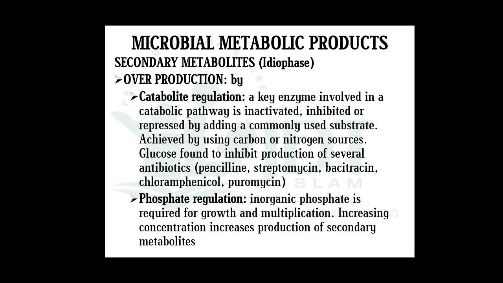The next method is catabolite regulation, where a key enzyme involved in the catabolic pathway is inactivated, inhibited or repressed by adding a commonly used substance. It is achieved by using carbon or nitrogen sources. Glucose is found to inhibit the production of several antibiotics like penicillin, streptomycin, bacitracin, chloramphenicol and puromycin.